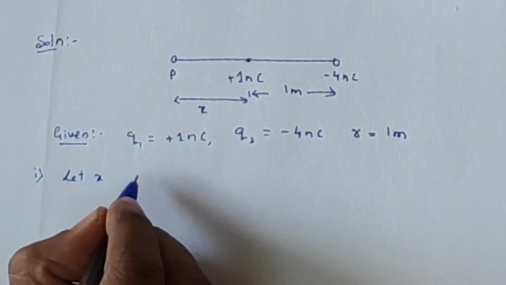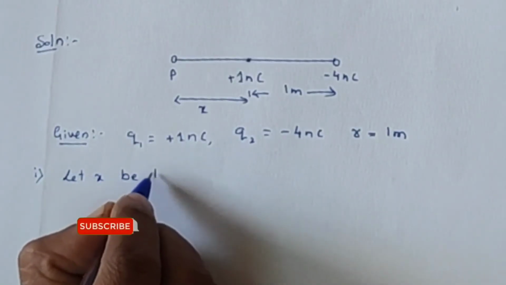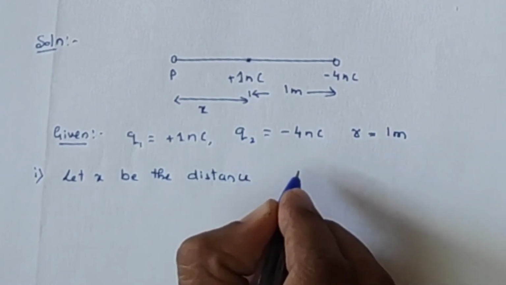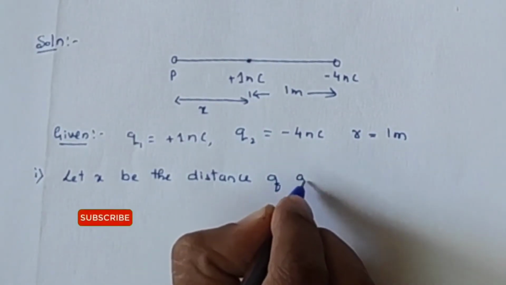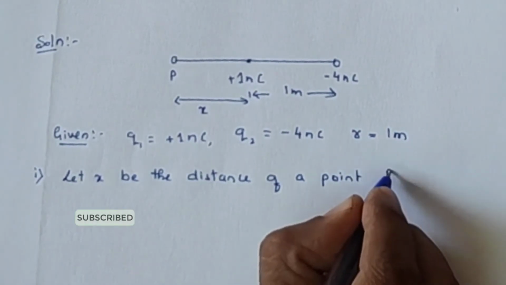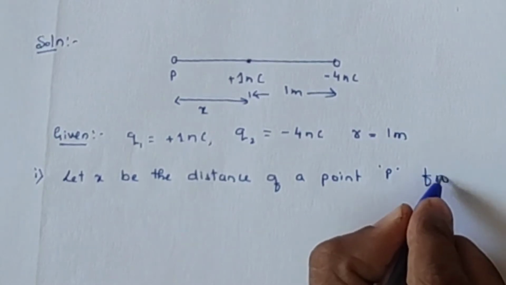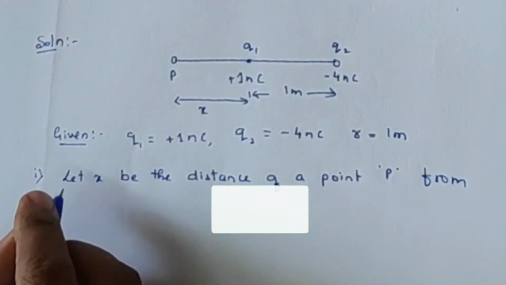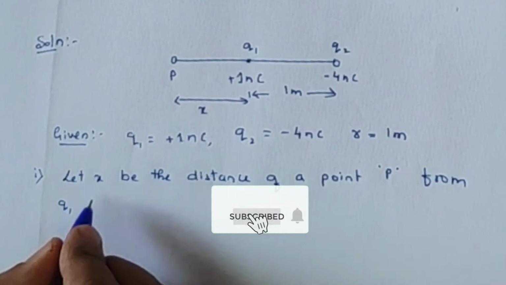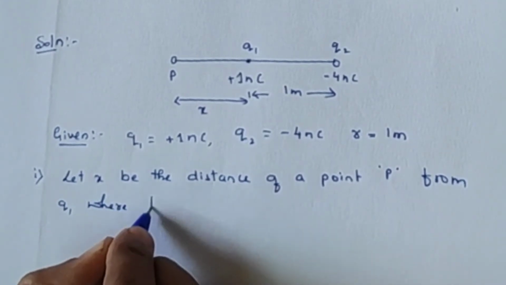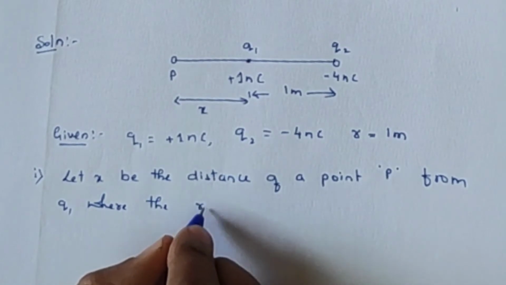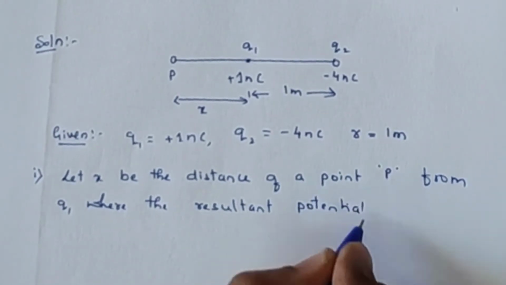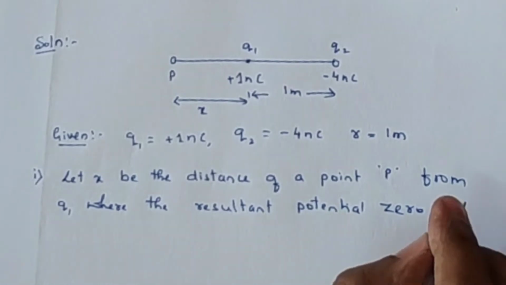Let x be the distance of point P from Q1 where the resultant potential is 0.